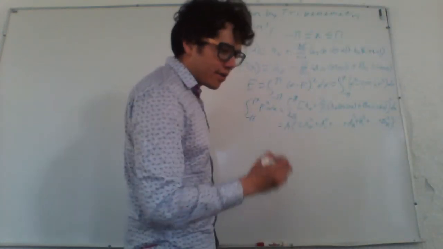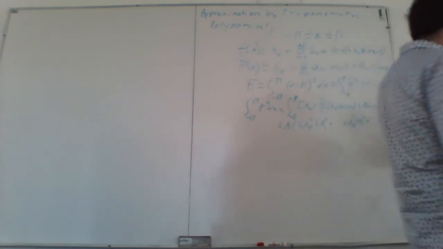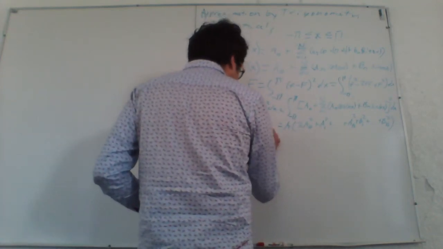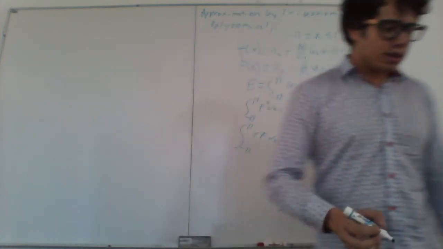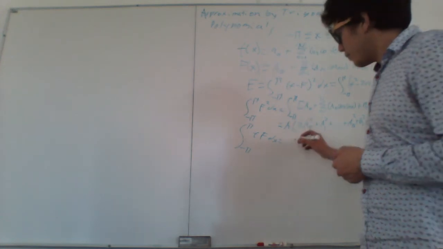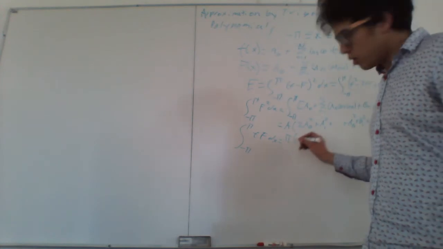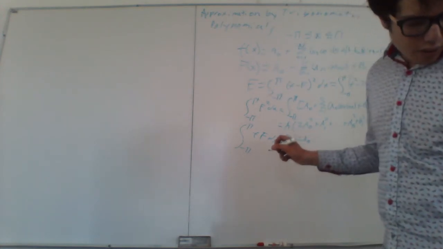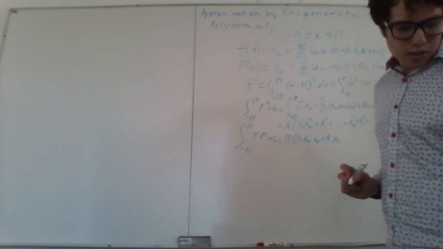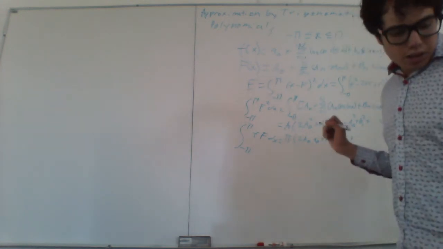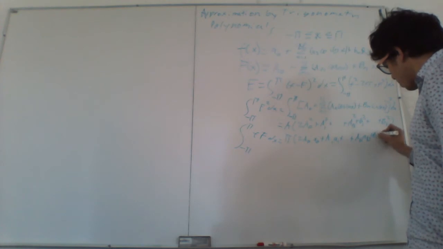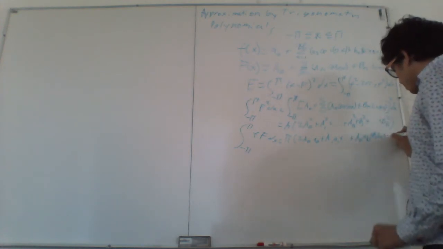So we are going to solve the other one, the f times capital F. The integral between minus pi and pi of f times capital F dx is equal to pi times (2a0 plus a1 plus an plus b1 plus bn).